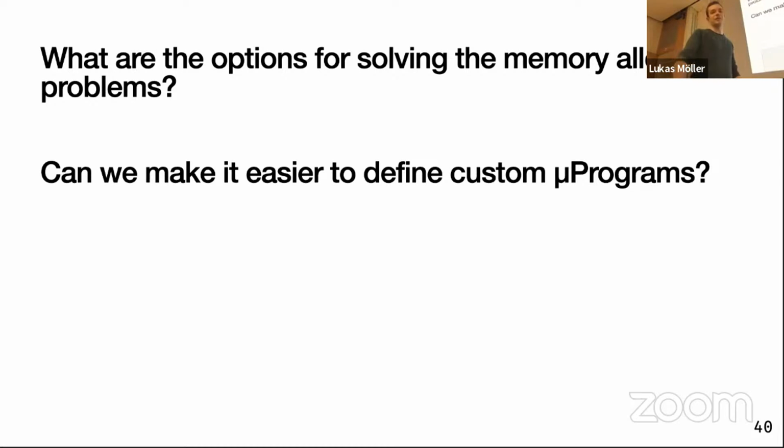And then obviously, can we make it easier to define custom microprograms? I really see the possibility here to define custom microprograms on a per-program basis. So a special C code compiler would compile into microprograms, which are then executed on demand.